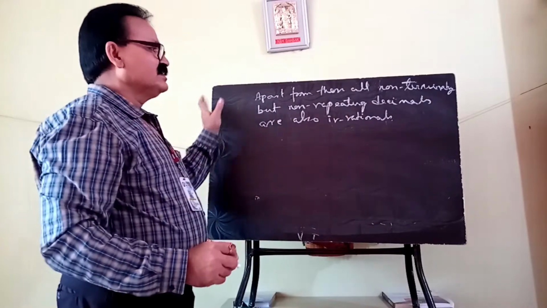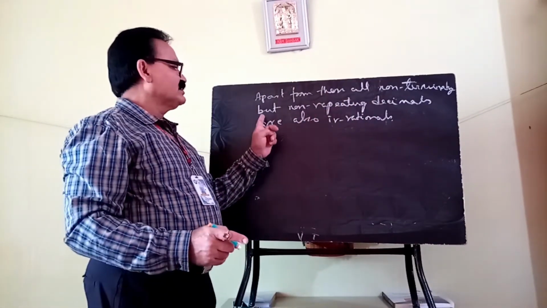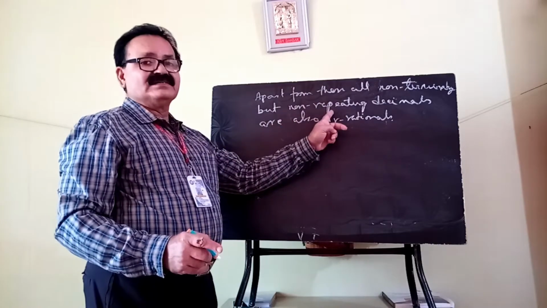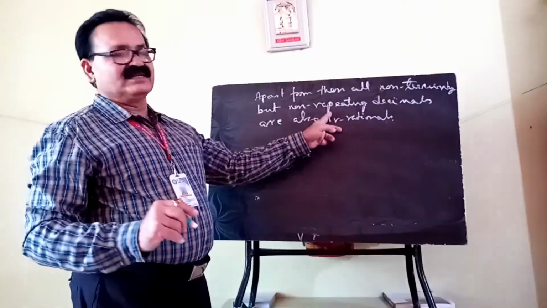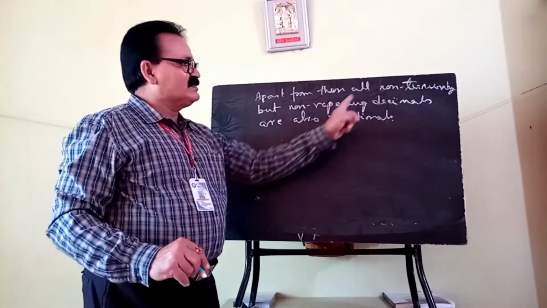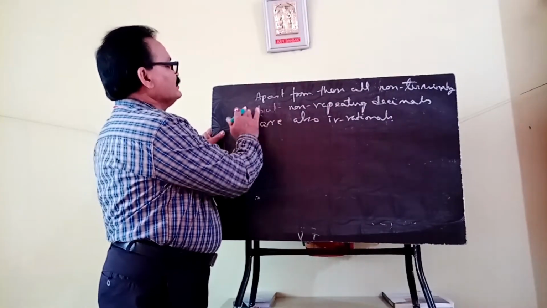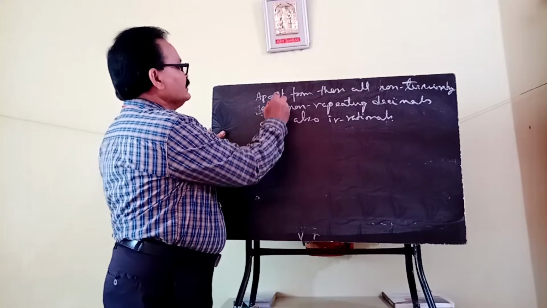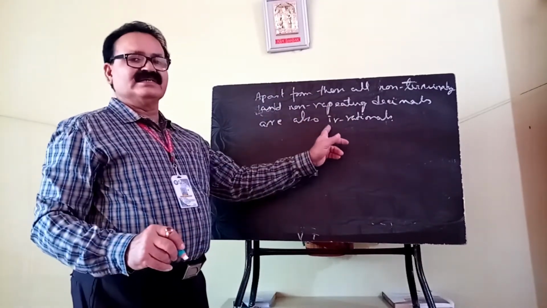That means if it is non-terminating, there might be a possibility that it may be repeating. If non-terminating and repeating, then it will be a rational number. But an irrational number must be non-terminating and non-repeating. You can also write 'and' instead of 'but': non-terminating and non-repeating decimals are also irrationals.